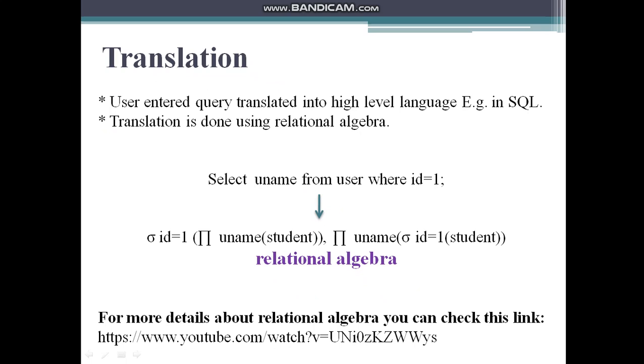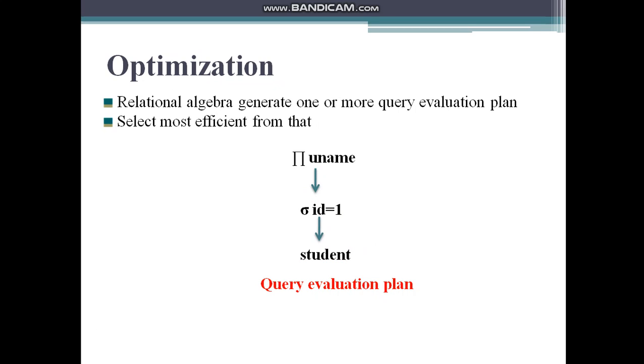This is the first relational algebra, with the condition the user wants, and the user wants uname from the student table. This is the first relational algebra, and this is the second way to write it. The optimization selects the second relational algebra because it's most efficient. So this is how optimization is done, and after that the query evaluation plan is generated.